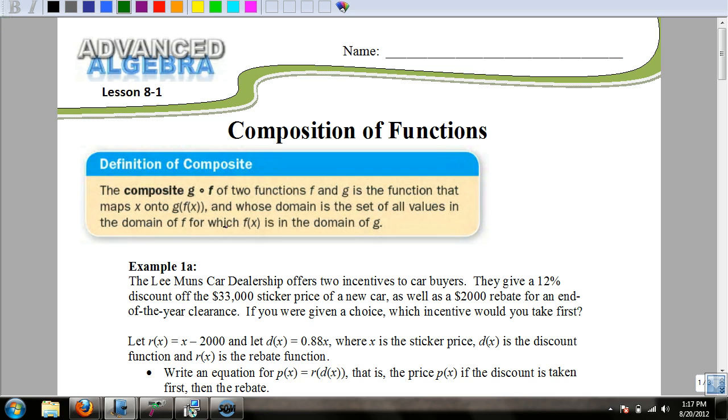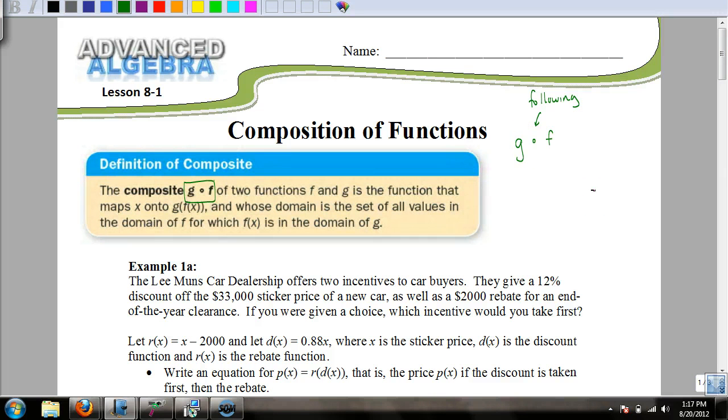Okay, let's simplify this a little bit. When you see that symbol, this is not a multiplying symbol, it's not a degrees symbol.